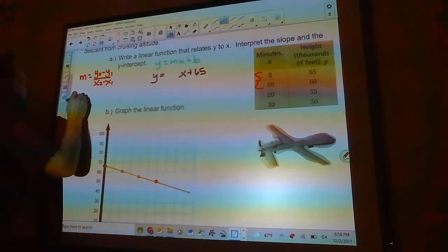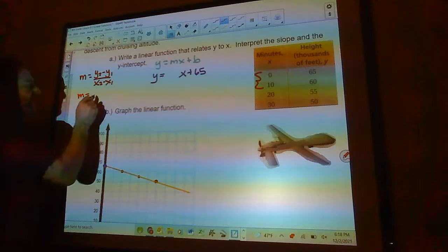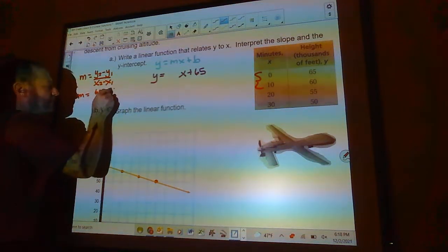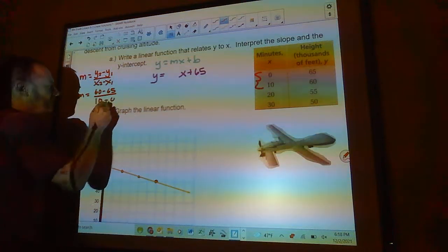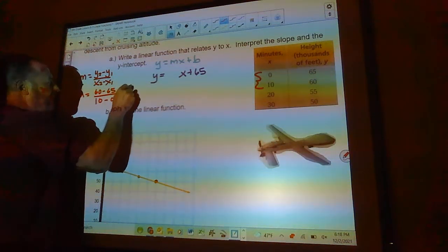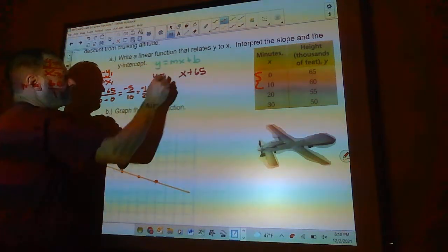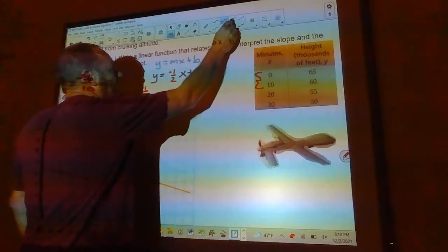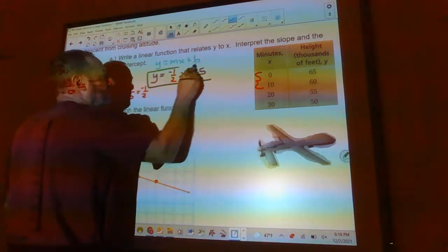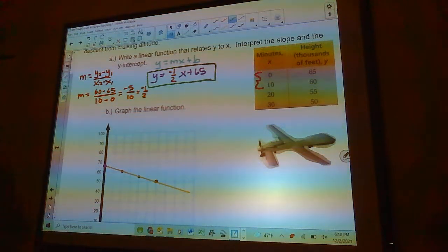So the difference in the y's, that's going to be 60 minus 65 over 10 minus 0. Okay, so that's negative 5 over 10, which is negative 1/2. So there's my slope. I'm going to go ahead and put that in right there. There's my equation. y equals negative 1/2 x plus 65.